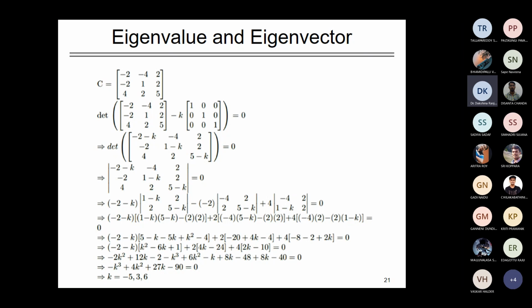Or in another way, we can get an approximation by considering a subset of eigenvectors, a subset of principal components. That means out of three, we can consider two.